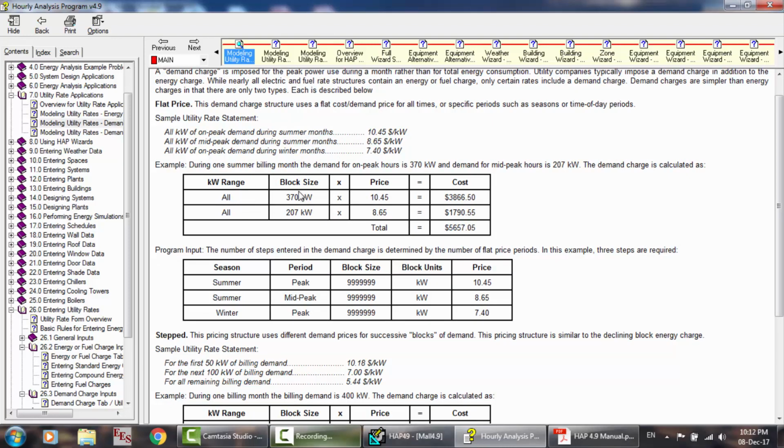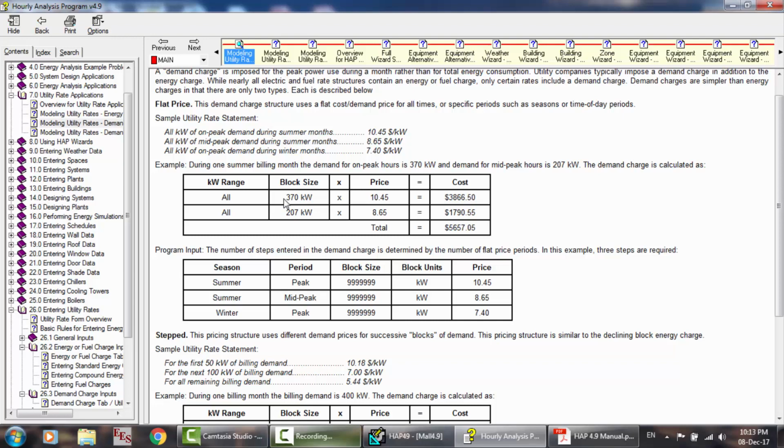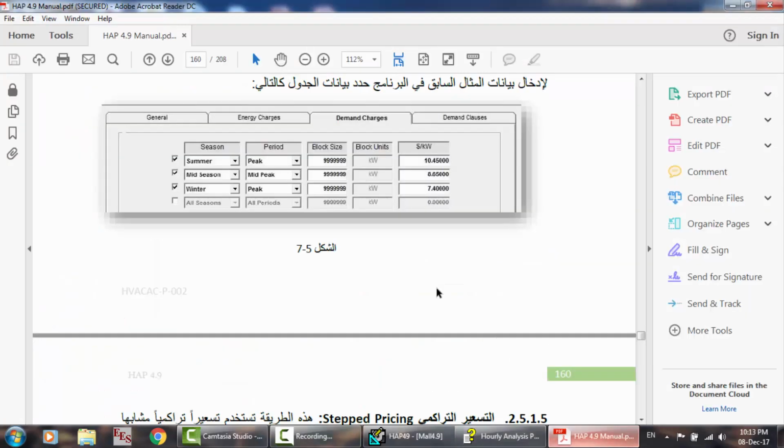Here, during one summer billing month, demand on peak hours is 370 kilowatt, and demand for mid peak is 207 kilowatt. So the demand charge is calculated as, find here 370 and the price, and the cost for 207. Okay, and how to get this in the program is like this.